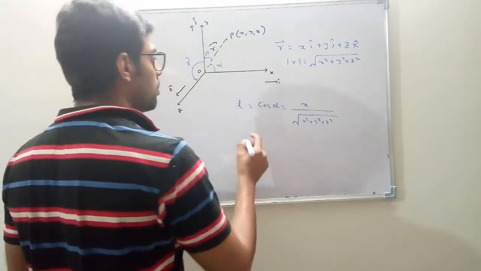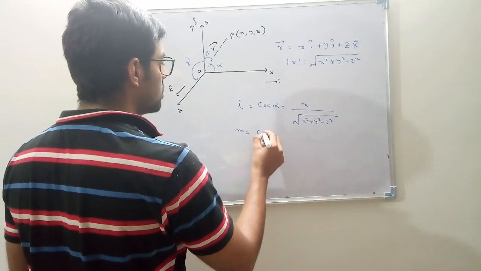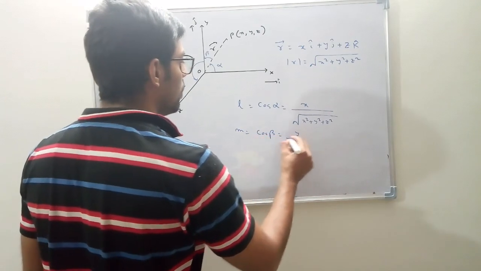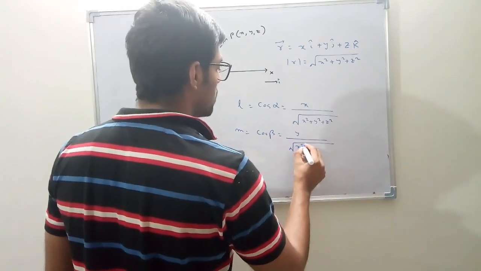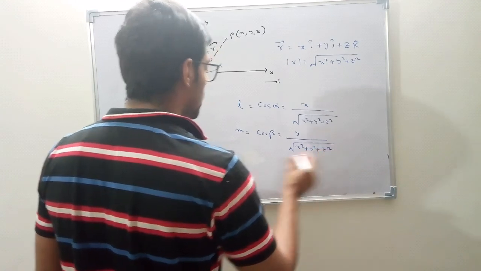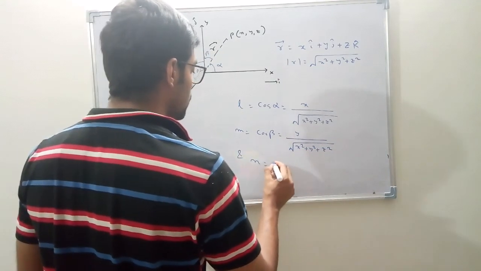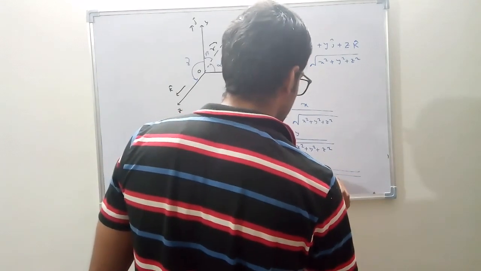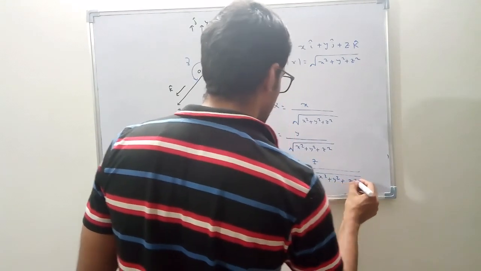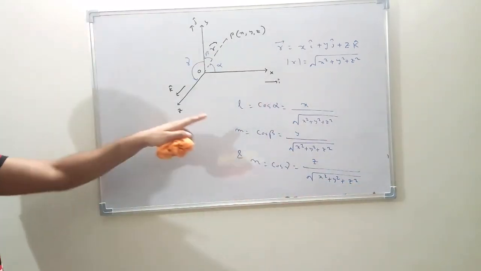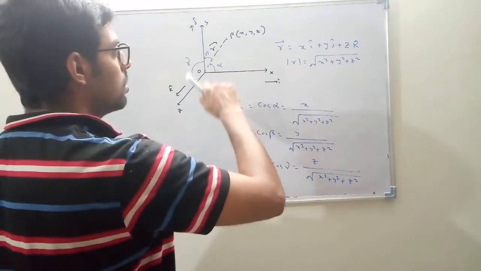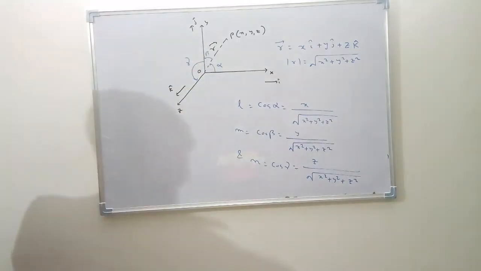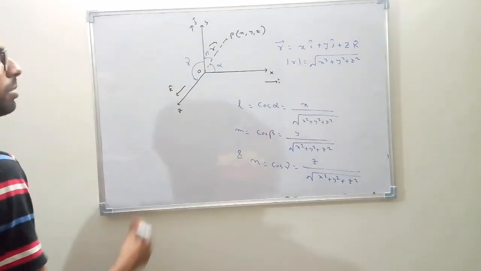Therefore m equal to cos beta equal to y by root over x square plus y square plus z square, and n equal to cos gamma equal to z by root over x square plus y square plus z square. So these are the direction cosines in the positive x, y and z directions, and it is a mathematical representation.